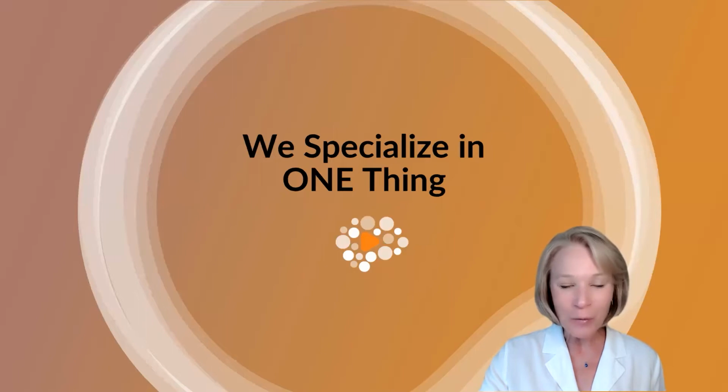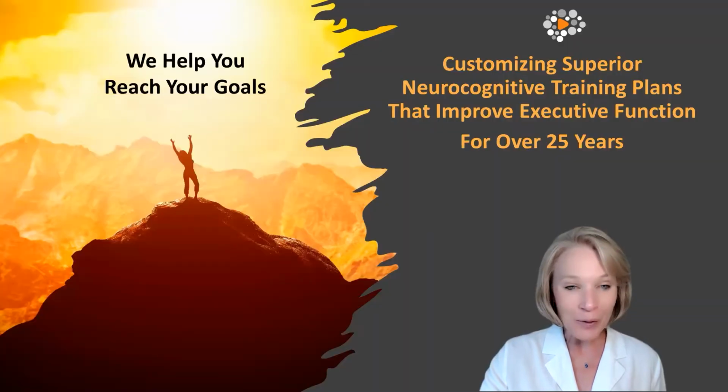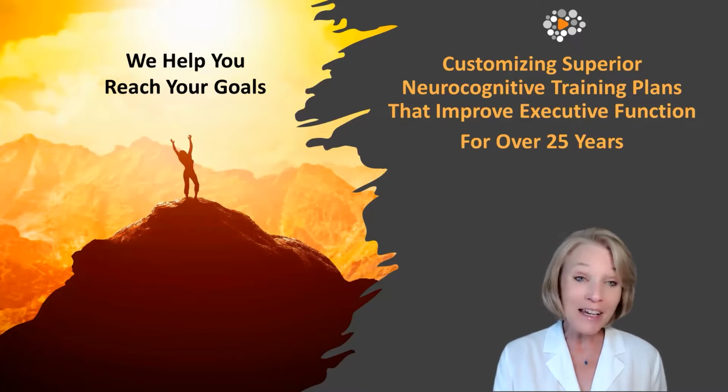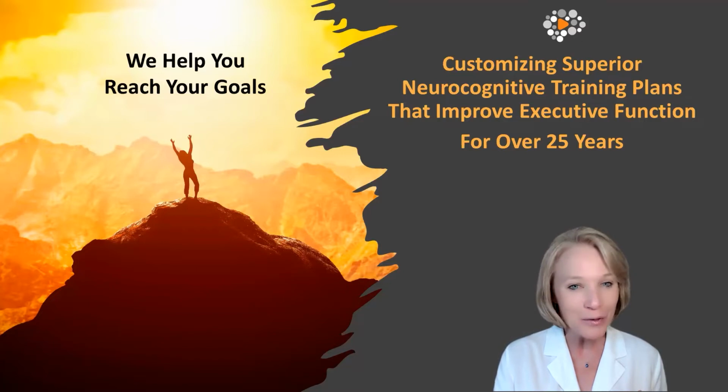We specialize in one thing, and we've been doing this one thing for almost 30 years. We help you reach your goals. Now, I know all of you are here today because you have a specific goal in mind. Perhaps you're here as an adult and you want to improve your organization. Hattie says routines and consistency is so important. So maybe you're working towards improving your ability to be consistent and develop those routines.